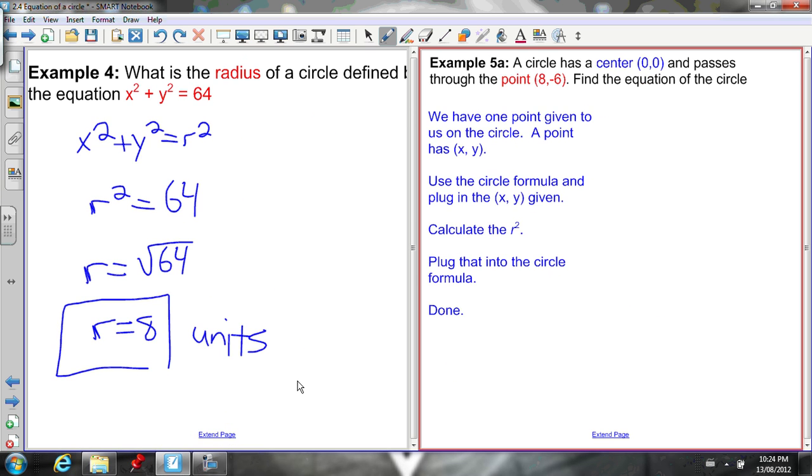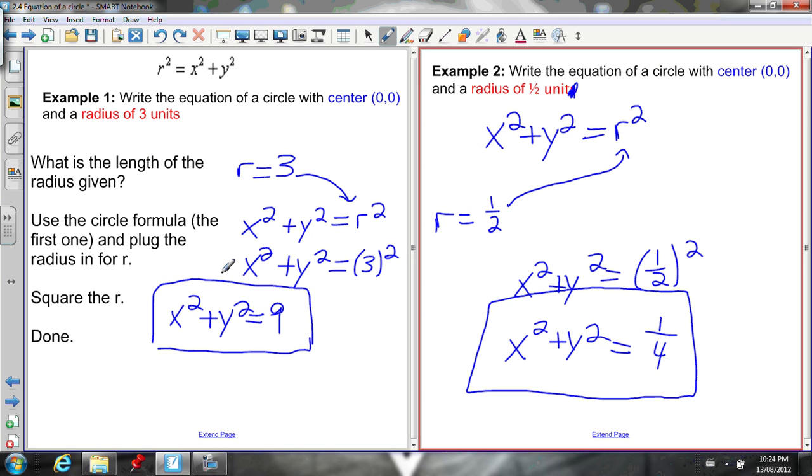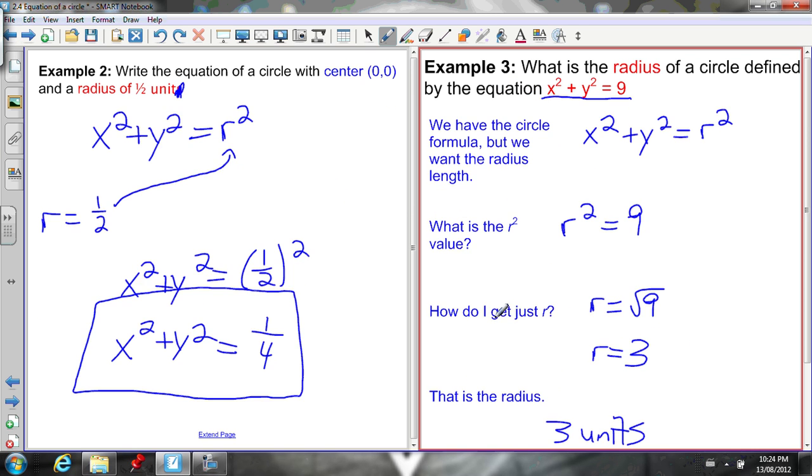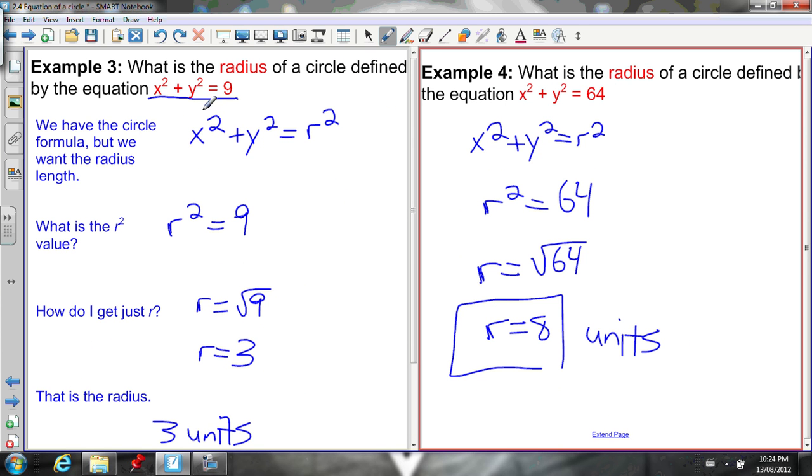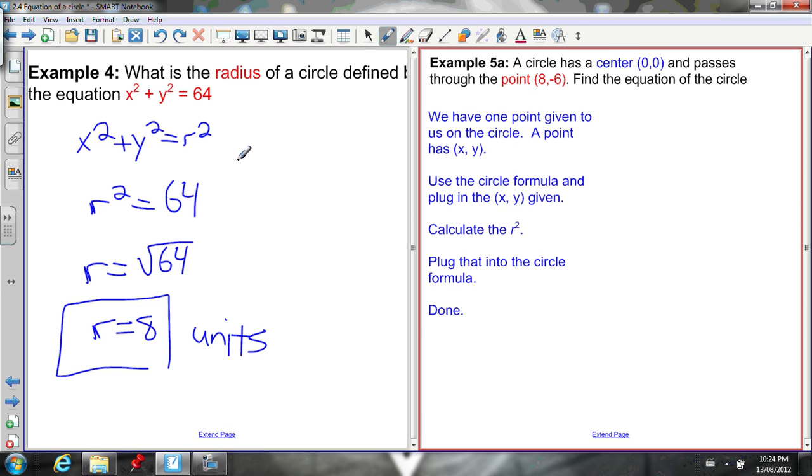So far, we've done 2 questions where we're given the radius, we want to write the equation. And we've done 2 questions where we are given the equation and we find the radius. Now let's do a different type of question. A circle has center 0, 0. That's important.